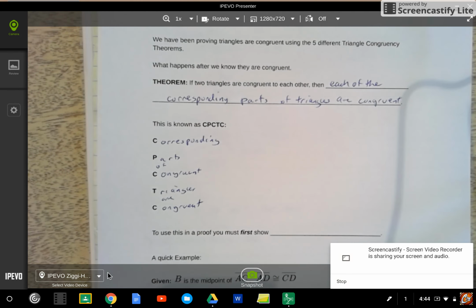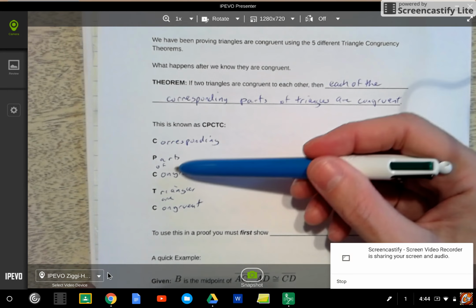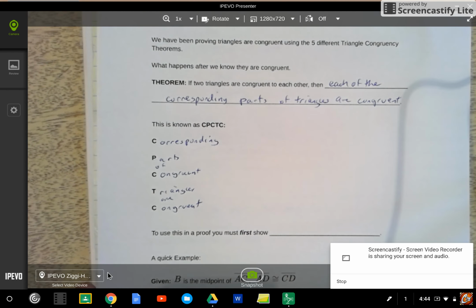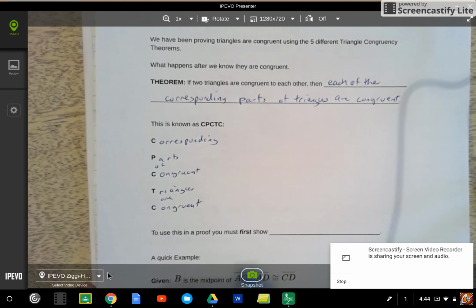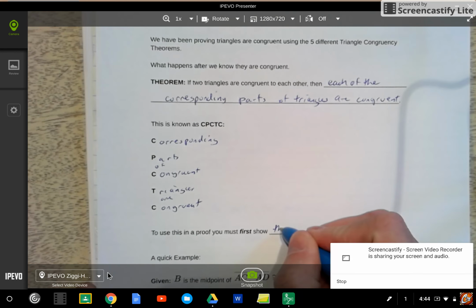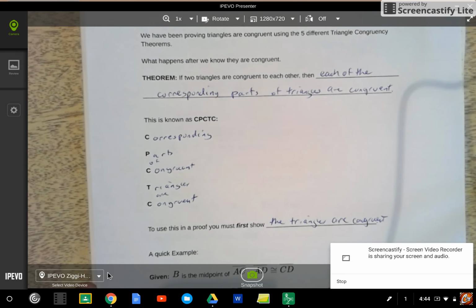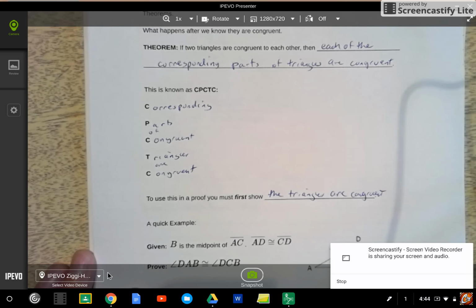Okay, so I want you to know corresponding parts of congruent triangles are congruent. Don't just know CPCTC. Now, the key to using this in a proof is you must first show the triangles are congruent. If you don't know the triangles are congruent, then we don't know their parts are congruent.